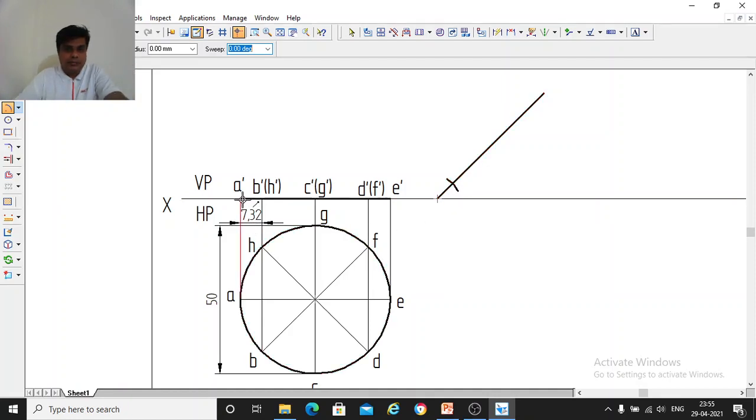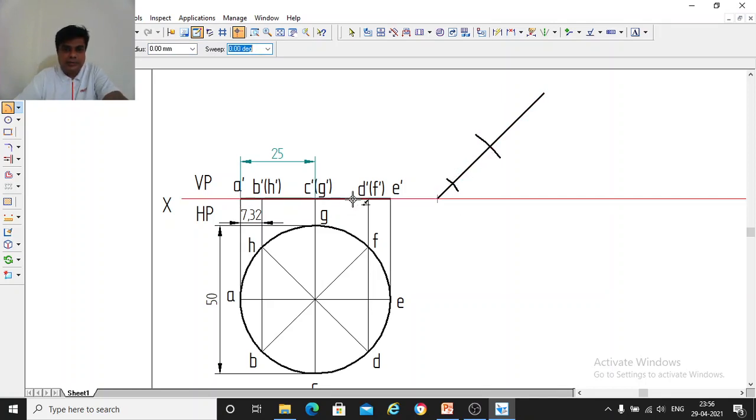Okay, similarly A dash C dash, you measure the distance with your compass and you draw it here. So I am taking the center at A dash and I am drawing the arc with the distance. I am drawing one more arc here.